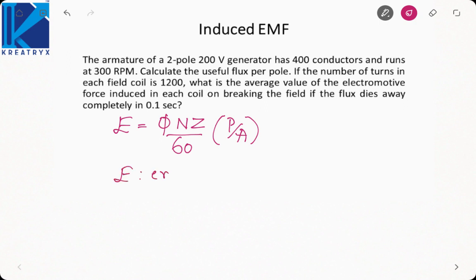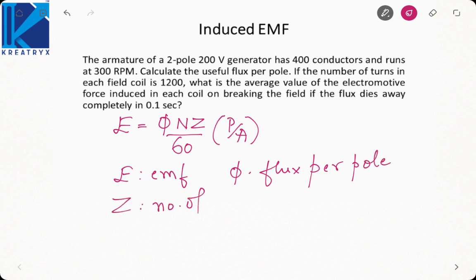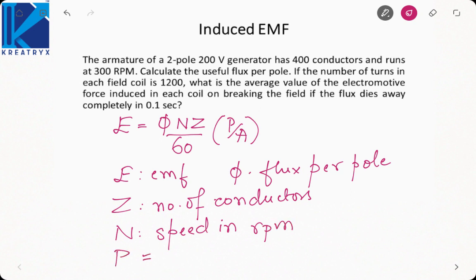E is the EMF, phi is flux per pole, Z is number of conductors, N is speed in RPM, then P is number of poles, and A is number of parallel paths.